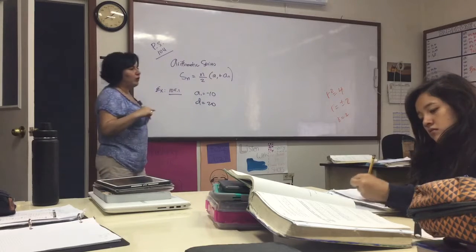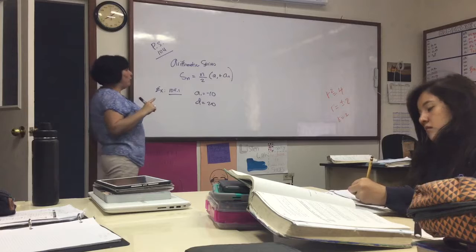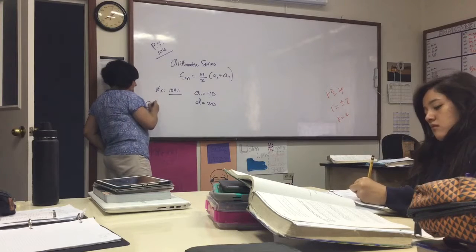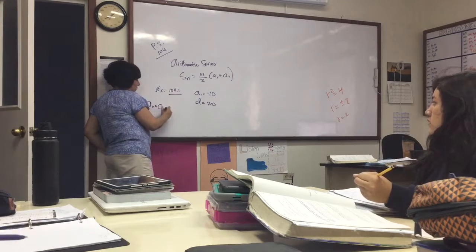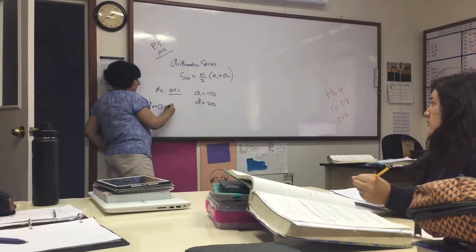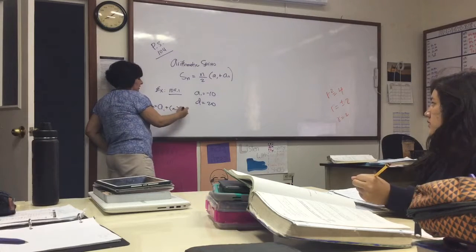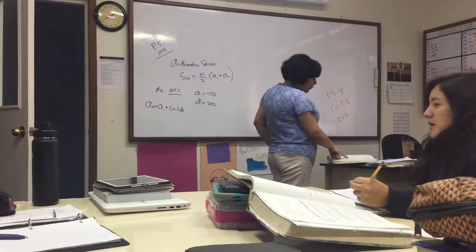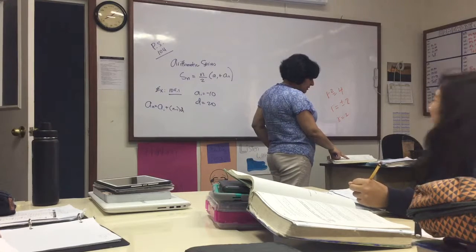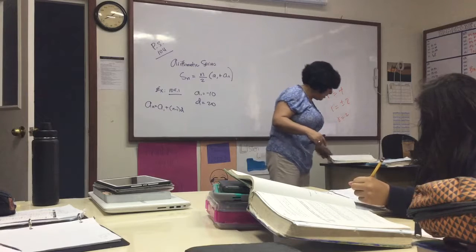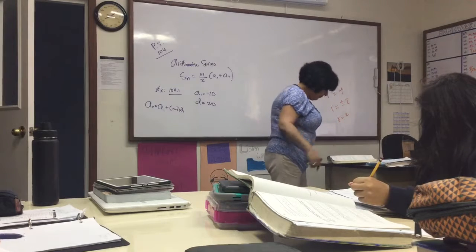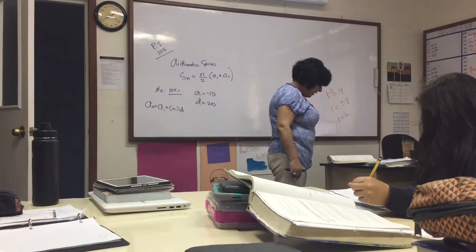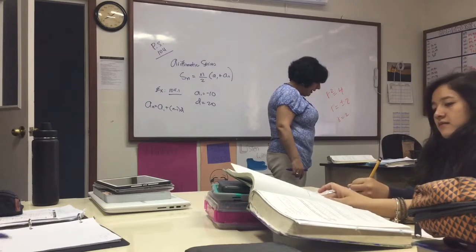Can anybody tell me, before I continue, the formula for the arithmetic sequence? a sub n is a sub 1 plus n minus 1 times d, right? Yes. Use the first 4 terms of this sequence to write and develop the formula.